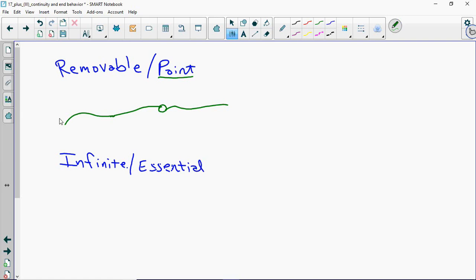The infinite or essential discontinuity is one that has a vertical asymptote, whatever that might look like in the graph, and that's, I think, why we call it an infinite discontinuity. Don't worry about where the names removable or essential came from. Not important. But graphically, this is why I prefer the terms point and infinite. And so I would recommend that you use those. I think those are easier to wrap your heads around.